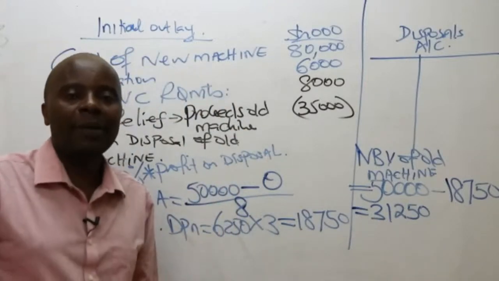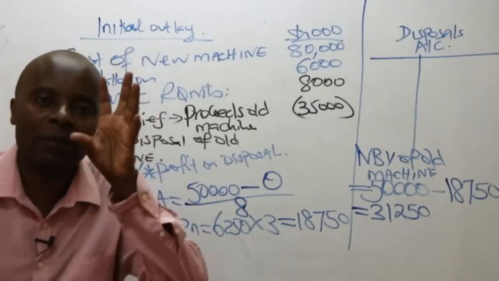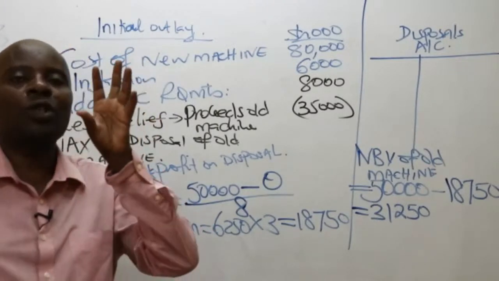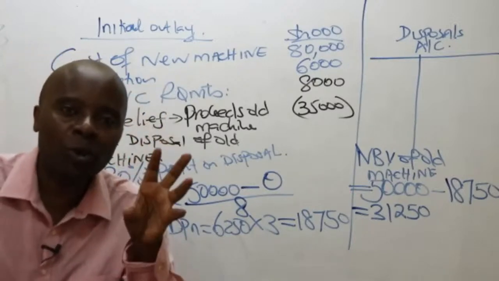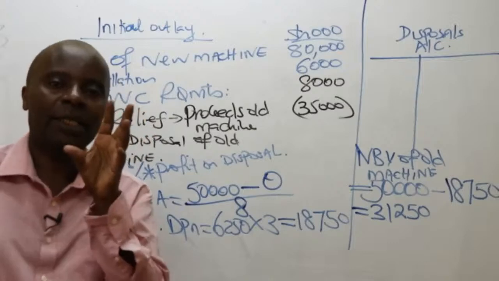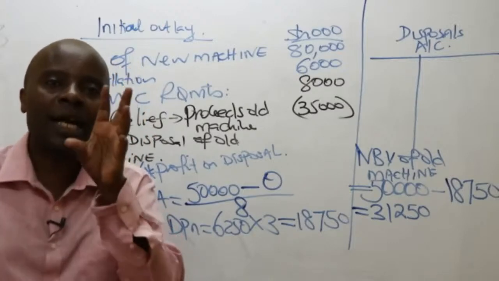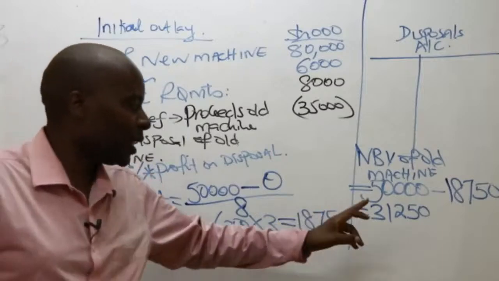Now, once you get the net book value of a machine that you want to sell, what you are told is to remove that particular machine from the assets register. And how do we remove it? We go to that particular machine's account and credit it with this net book value.